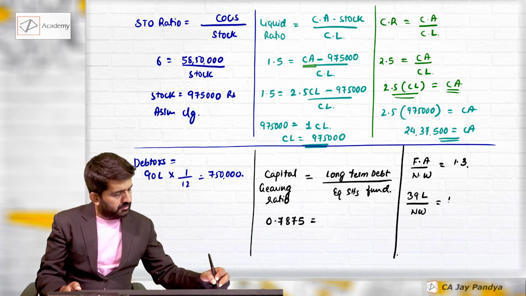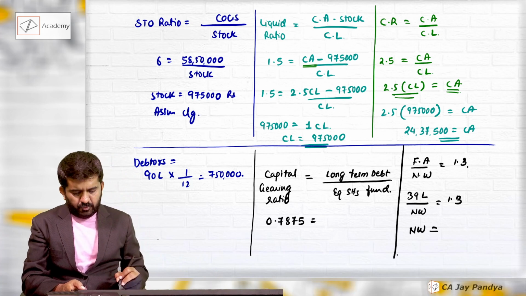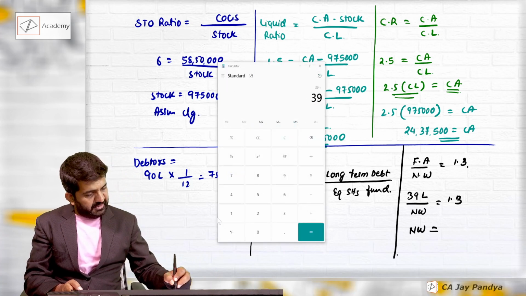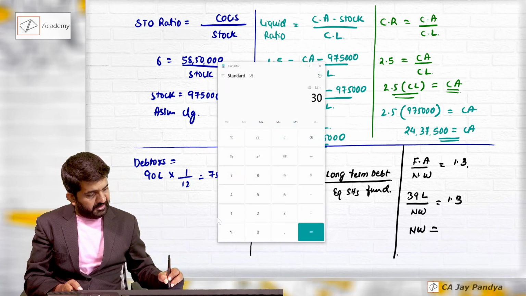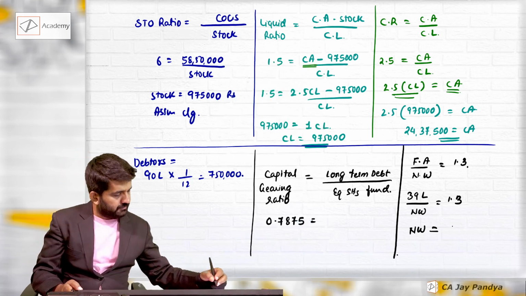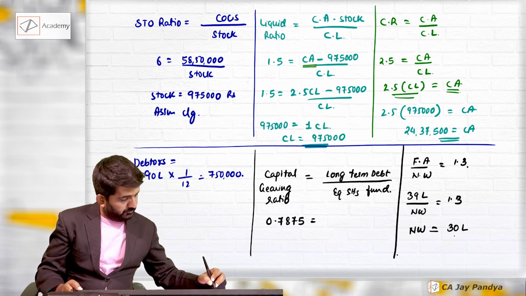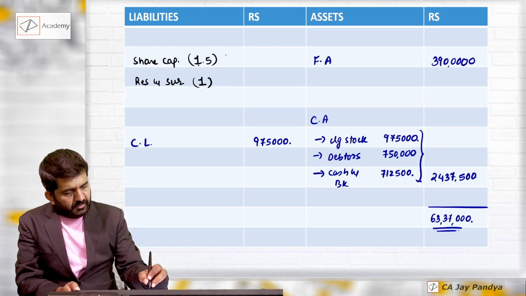Net worth will be equal to 39 lakhs divided by 1.3. That is 30 lakhs. So net worth is 30 lakhs.